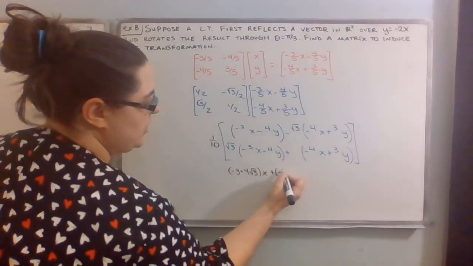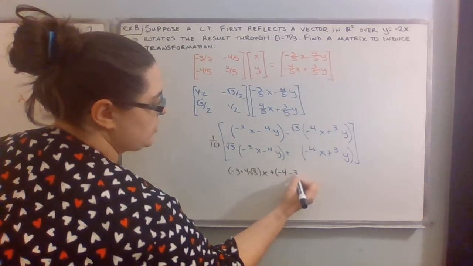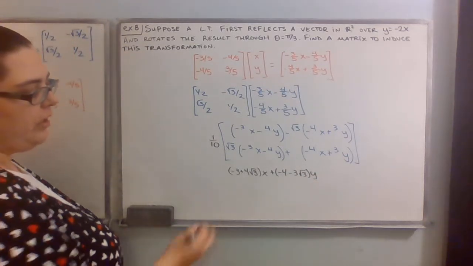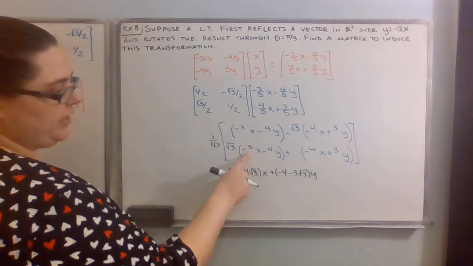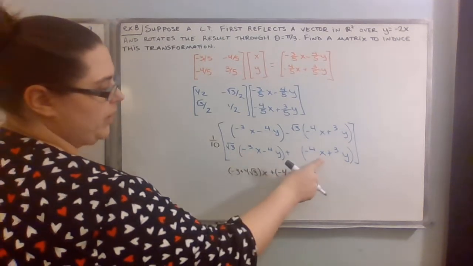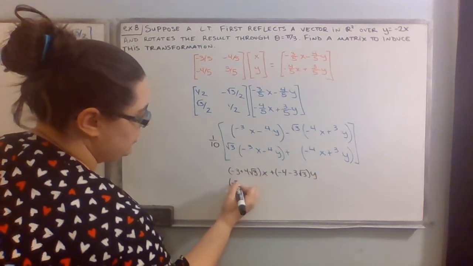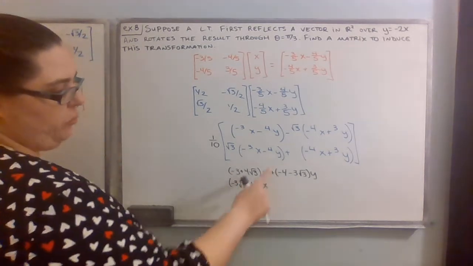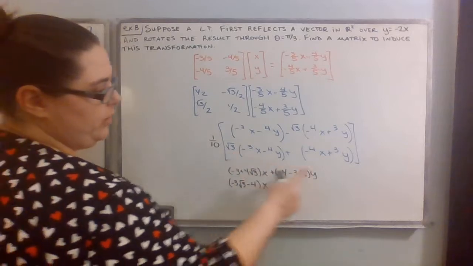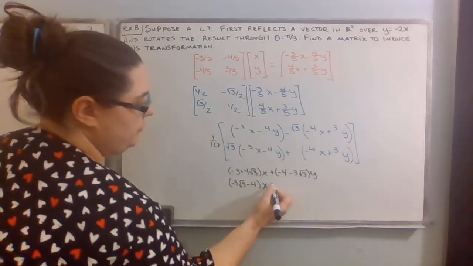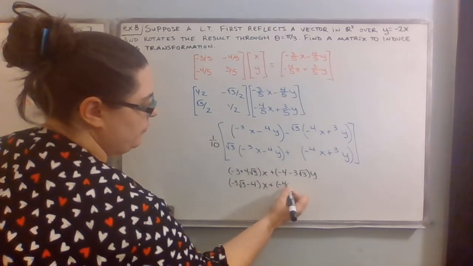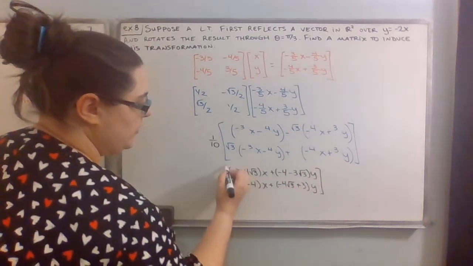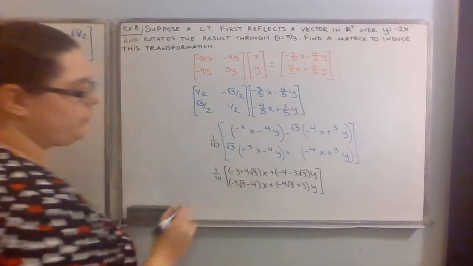So we'll have plus negative 4 minus 3 root 3 y. Then in the bottom, we're going to have negative 3 root 3 minus 4 for the x, and then for the y, we have negative 4 root 3 plus 3. And a 1/10 all the way out in front of that.